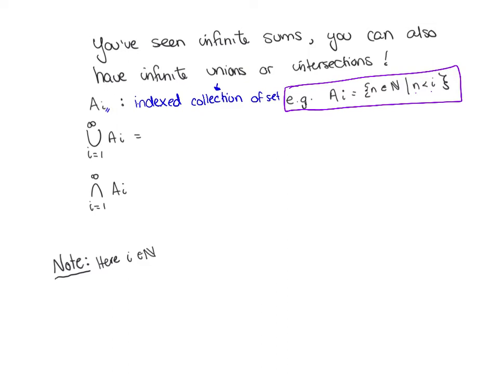Now I can talk about the union from I equals 1 to infinity of A sub I. I can have infinitely many of these sets because they're indexed by those natural numbers. So I can take this union, that's going to be A sub 1 union A sub 2 union A sub 3, but it's going to keep going for all infinitely many of those sets.